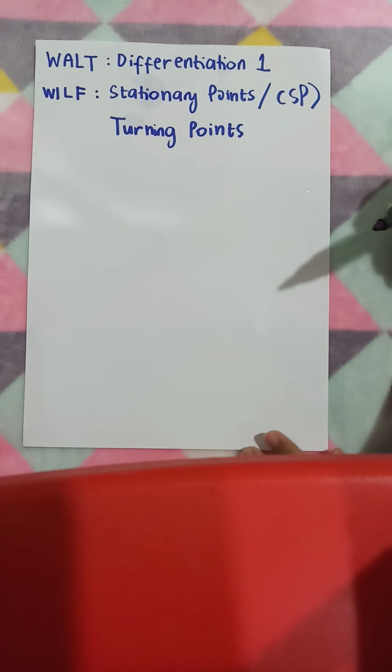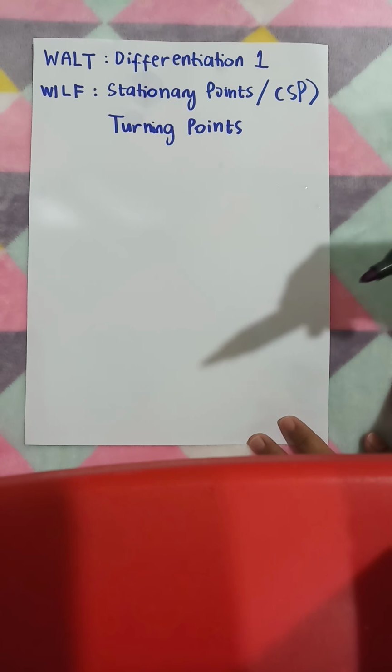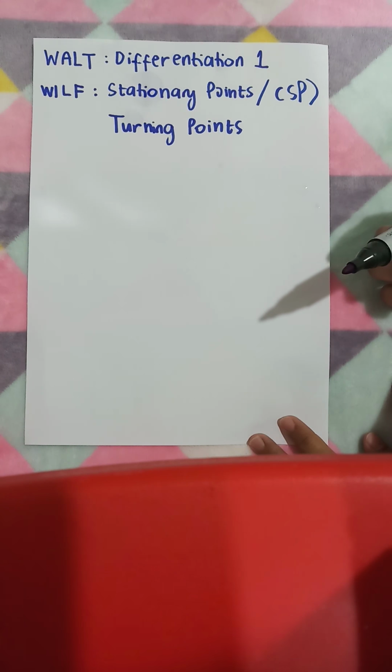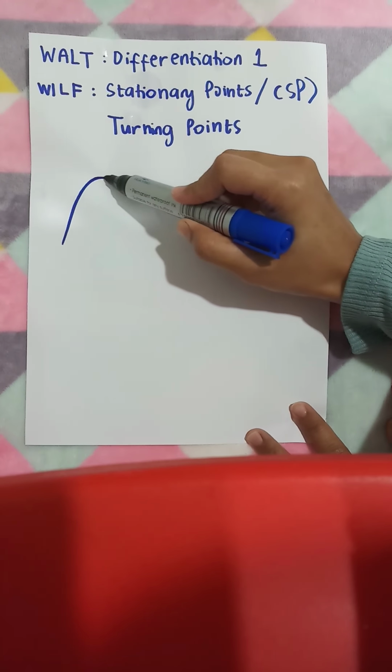So stationary points or turning points, let's just fix to stationary points. Stationary points means the point where your curve starts to turn. Let's say I have this type of curve, not a straight line, it's a curve.